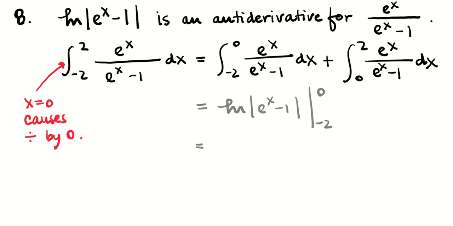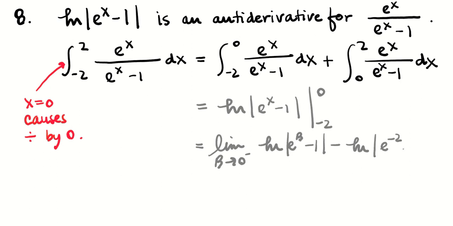Okay, when I go to plug in 0, that was the troublesome spot. So I need to take the limit as the upper bound b approaches 0 from the negative side, in this case, of the log of the absolute value of the expression at b, minus the log of the absolute value of e to the negative 2 minus 1.